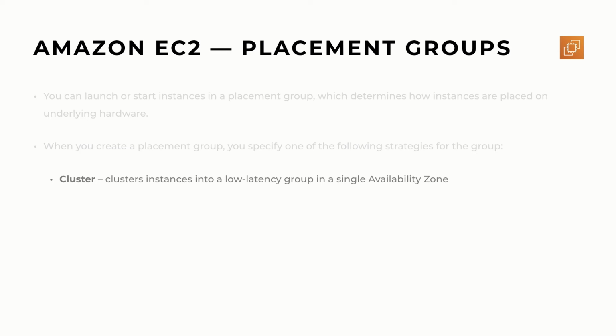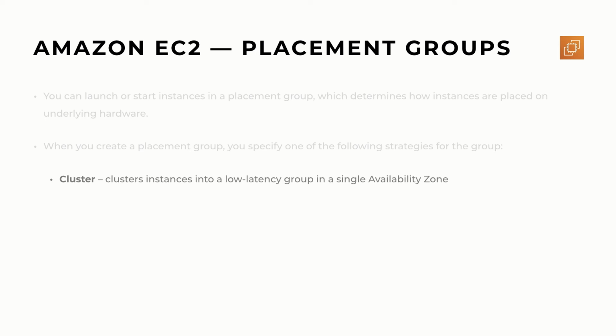Cluster placement groups are recommended for applications that need low latency or high network throughput, or both, and if the majority of the traffic is between those instances in the group. It is recommended that you launch all the instances of a cluster placement group in a single launch request, and all the instances be the same type.